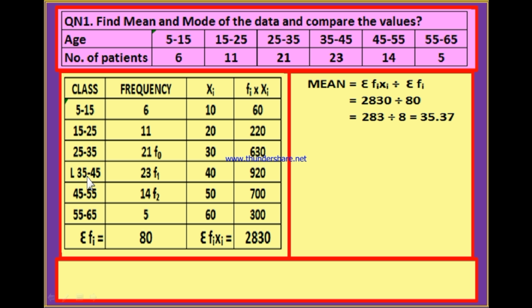Now, let us write the formula to find mode. In order to find mode, there is only one method. Whereas in finding arithmetic mean there are three methods, in finding mode there is only one method.